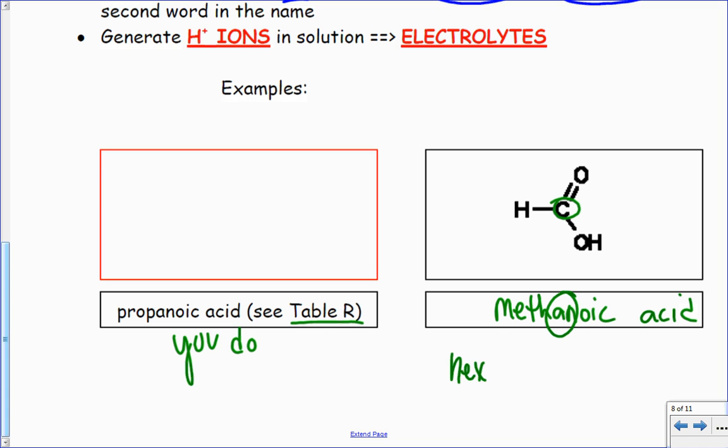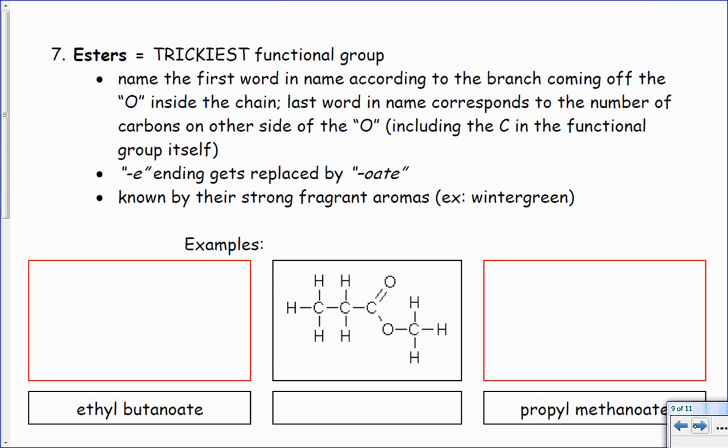Hex is 6 carbon. Hexanoic acid is different than hexenoic acid. Notice this would have the double bond. The ane and the ene are still very important, so we need to pay very careful attention. These things are very specific, and so we can go forwards and backwards.